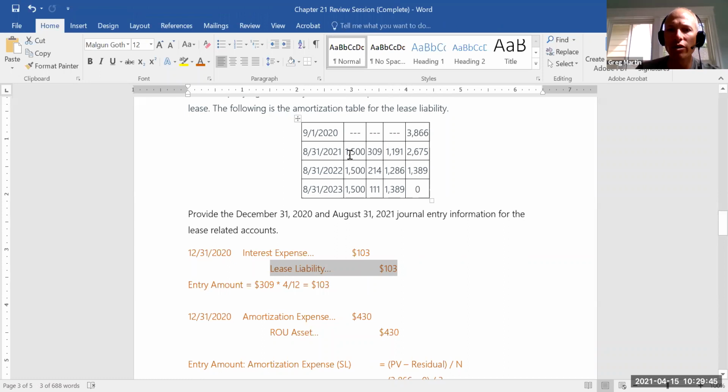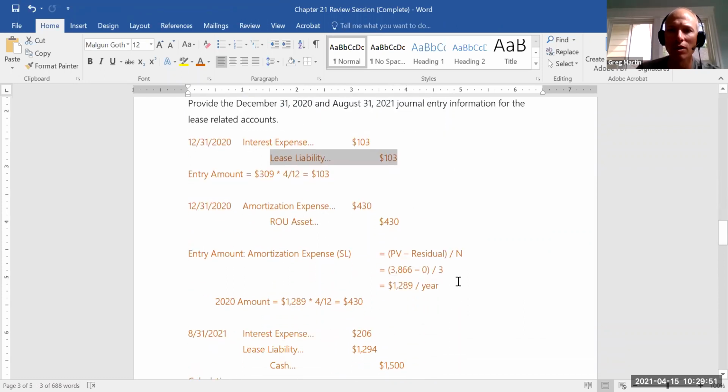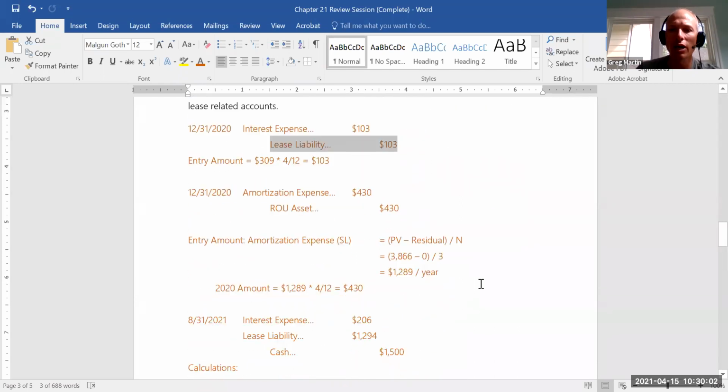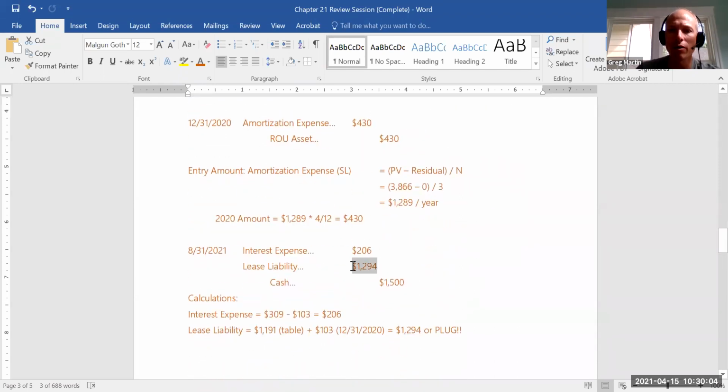As of 8/31/2021, the balance needs to be $2,675. And so if I take the difference between those two, the 3,969 minus 2,675, you're going to see that comes to $1,294. That's the entry amount.